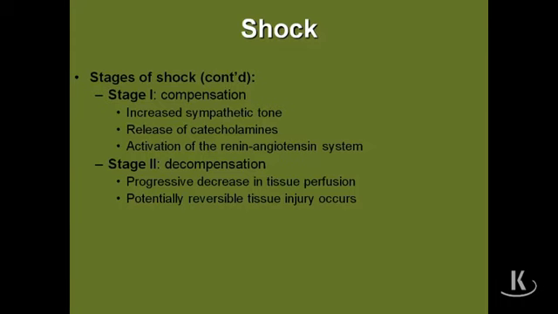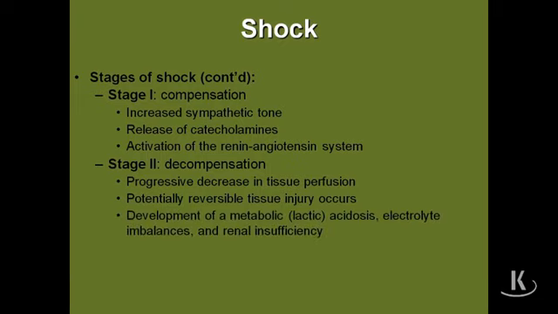At this point, it's still reversible because you only have biochemical changes. Again, as I mentioned, you're going to get a metabolic acidosis and electrolyte imbalances because the kidney is going to start to be injured as you develop acute tubular necrosis.